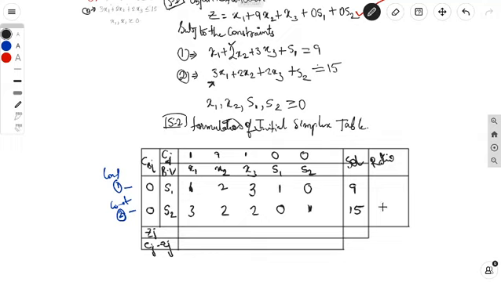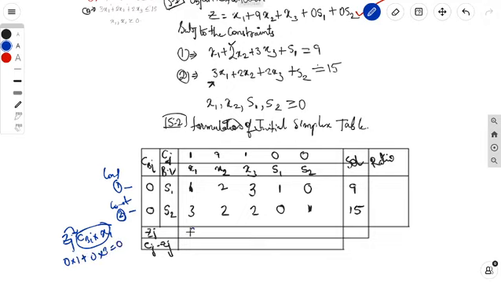Now the next step is to calculate Zj. What is the formula for Zj? Zj is equal to Cbi into Xi. How to calculate Zj? The first value of Zj is 0 into 1 plus 0 into 3, which is nothing but 0.